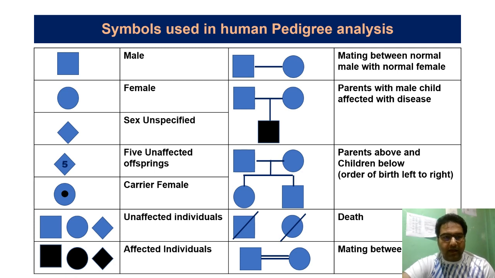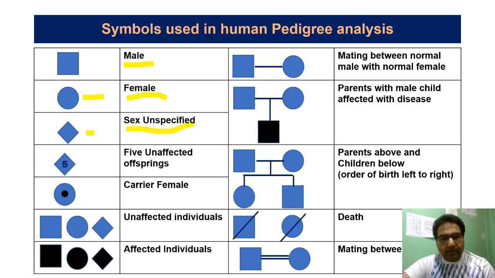When we see a square, it represents a male. A circle represents a female. A diamond represents sex unspecified. And when a diamond has the number 5 inside, it means 5 unaffected offsprings are born.